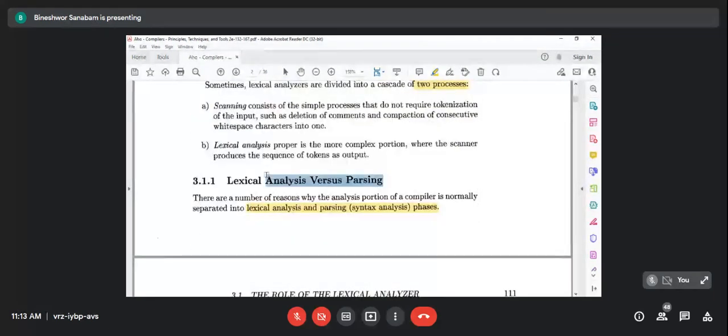So the next question is, why do we have lexical analysis and why do we have syntax analysis, or parsing? Okay. We know that lexical analysis converts the stream of characters into tokens and then gives them to the parser.